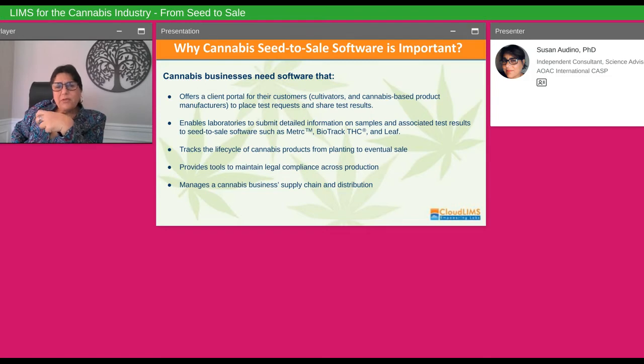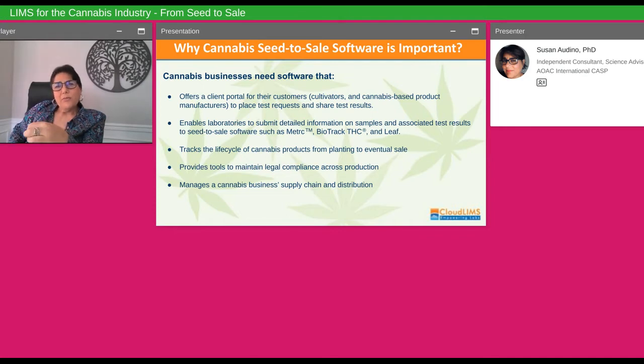For laboratories, it allows the laboratory to track what's going on in their labs, in their facilities, what's happened to their samples, how they have tested, what those test results are, and then they can automatically upload to the third-party regulatory database like Metrc or Leaf or BioTrack.